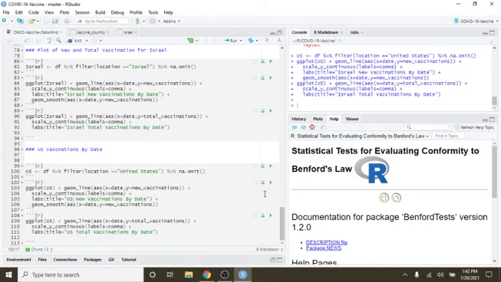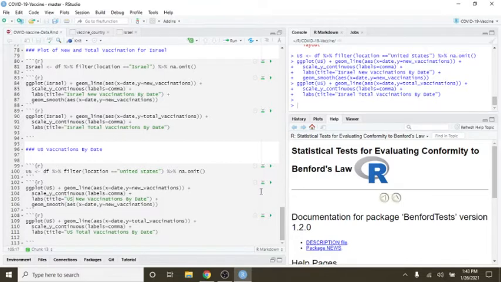I mean, they're clearly a modern country. I'm going to use this as a litmus test, a barometer, to see how vaccination affects the COVID-19 cases and deaths in Israel.